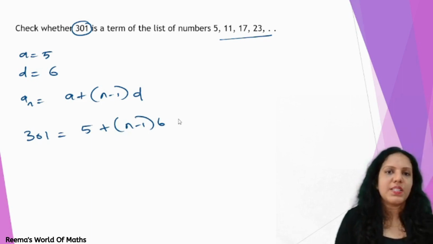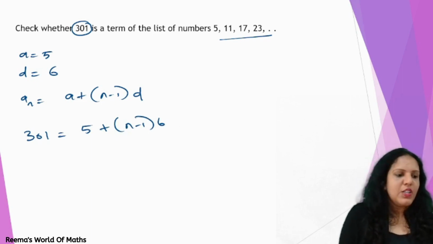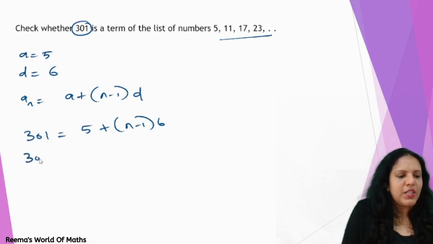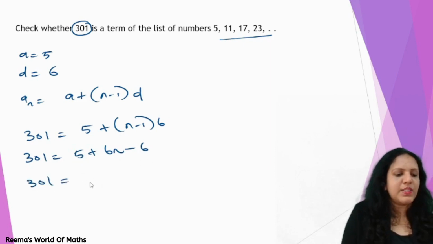We don't know the position n here, so we can solve this. 301 equals 5 plus 6n minus 6. So 301 equals 5 minus 6, that is minus 1, plus 6n.